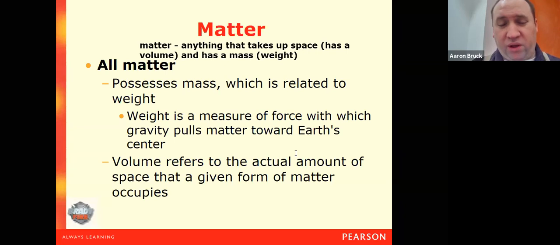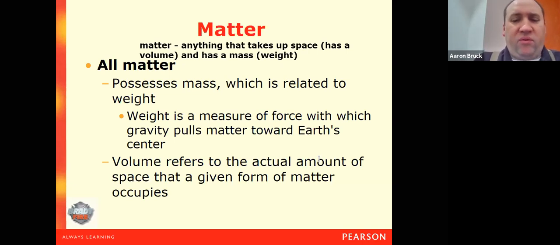The only time that we would really need to concern ourselves with mass in particular is if we were doing experimentation in an outer space scenario or a lower gravity scenario or on another planet where gravity is going to be different than what it is here. So all matter possesses a mass. The way that we measure mass is by measuring the weight of a substance.